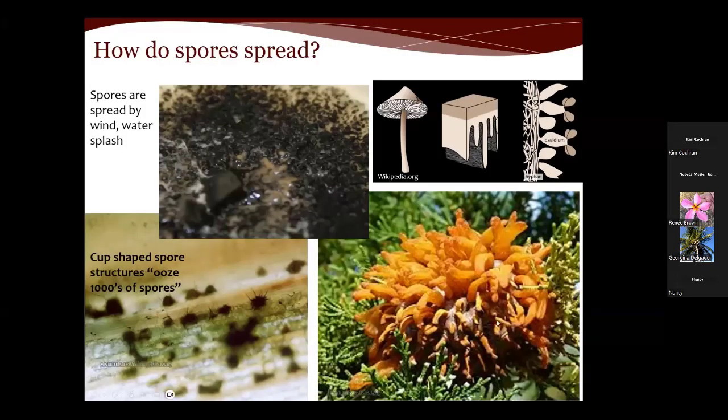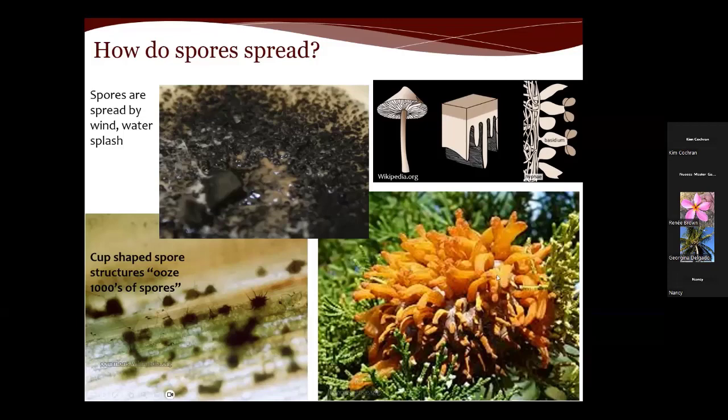So keeping that in mind, let's look at something a little different. On the bottom right, we have this structure that looks kind of like horns poking out from a little ball of brown clay. Well, that little clay-looking ball is actually a reproductive structure along with the horn-looking structure. And those little appendages are actually covered in spores, and they emerge when that structure is mature. This is a part of the life cycle of cedar apple rust.